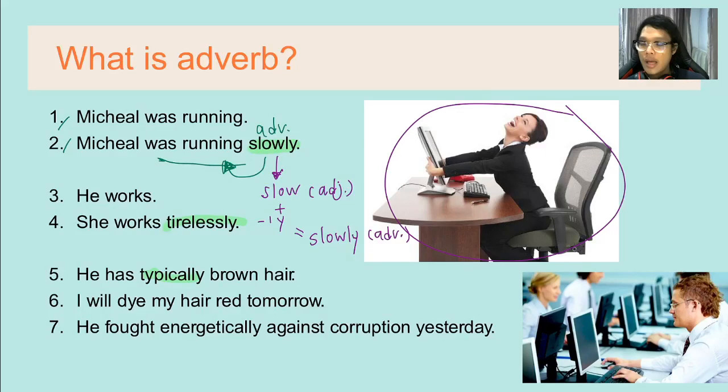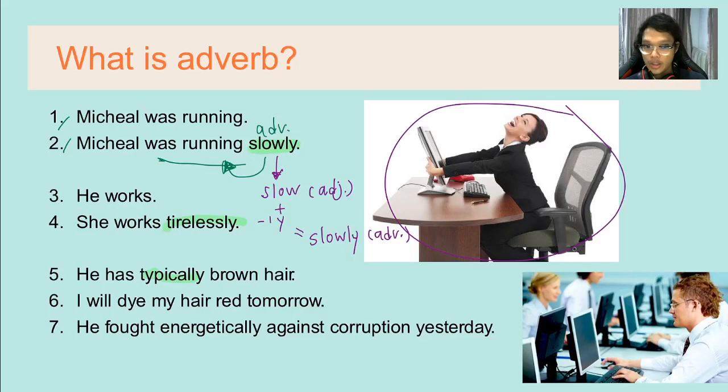So an adverb gives you more details, more explanation of how the action is done. And what about number 5? He has typically brown hair. What does it mean by the word typically? Typically means normal, like ordinary, normal.